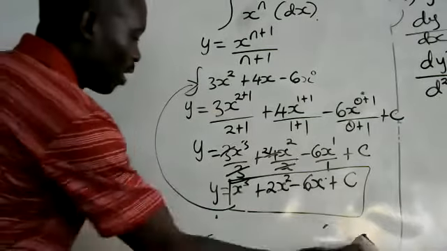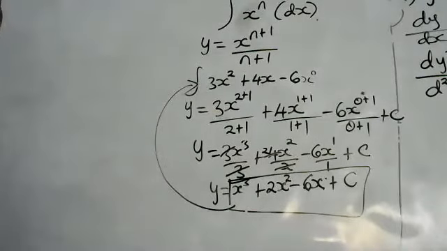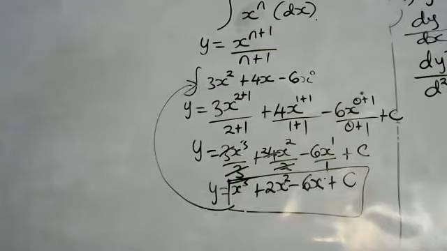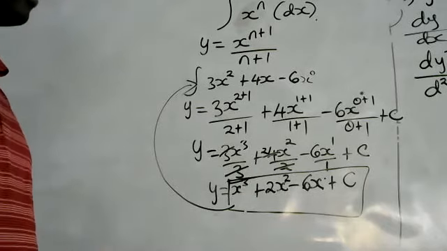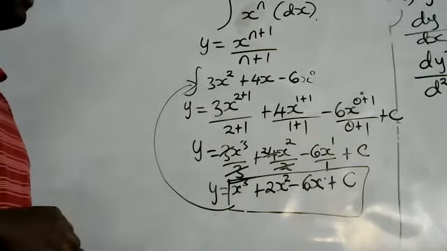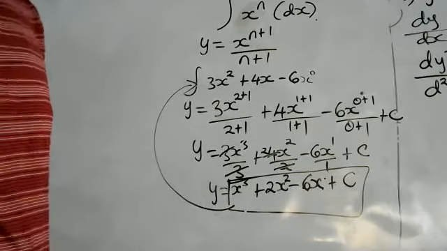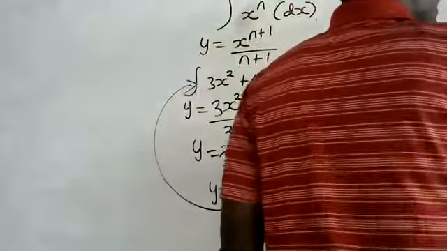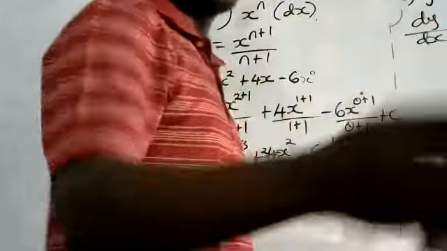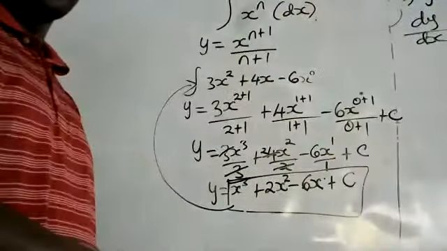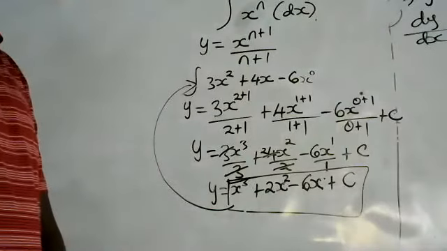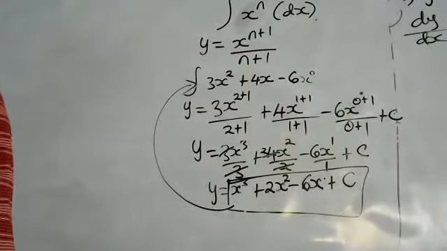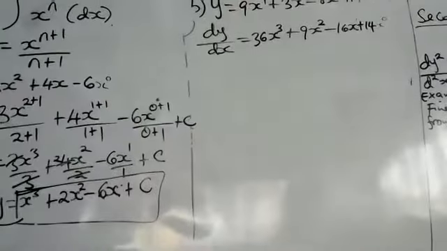So that was just an example. I wanted us to use a function that we differentiated to see whether we shall get the initial equation. But the idea is just adding 1 to the power and then you divide by the resulting answer.